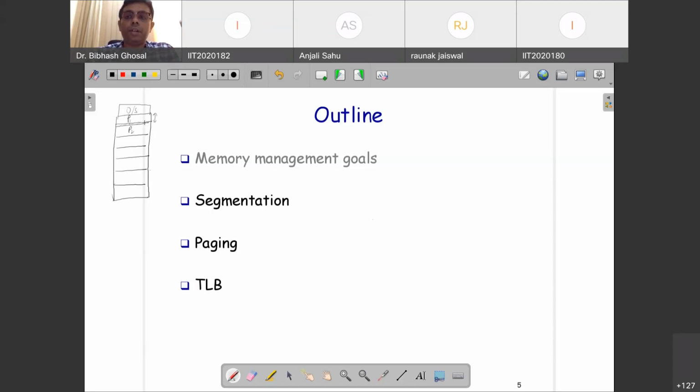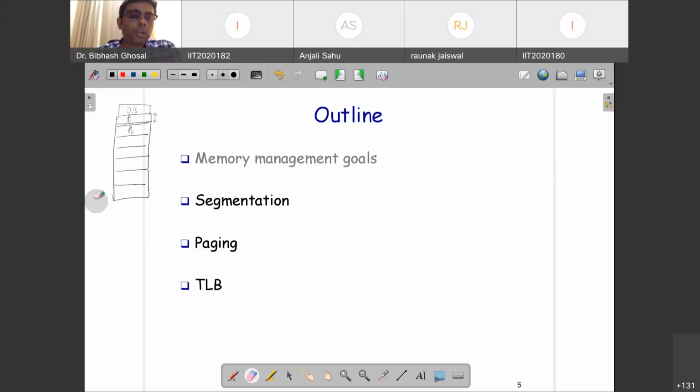Fragmentation was of two types, internal fragmentation and external fragmentation. Internal fragmentation was when a process could not occupy the entire space and some space remained unoccupied. And if this happens for many processes, and you sum up the entire wasted space, you find that it is enough to hold one more process. But these wasted spaces are not at one place, so one more process could not be accommodated. This is the problem which we call external fragmentation.